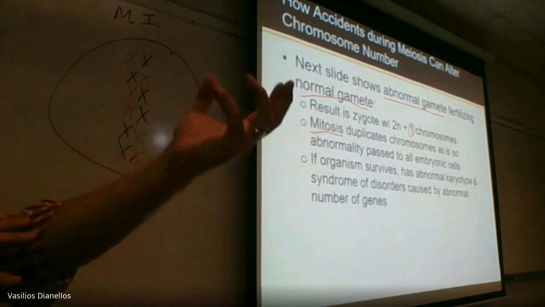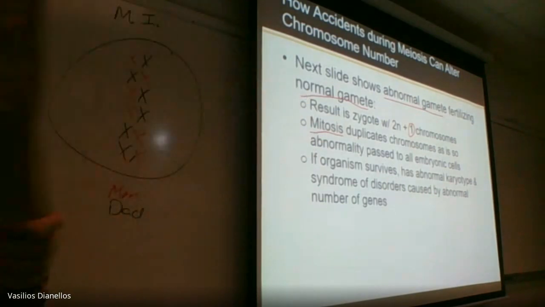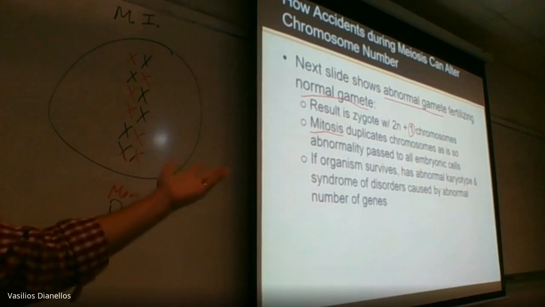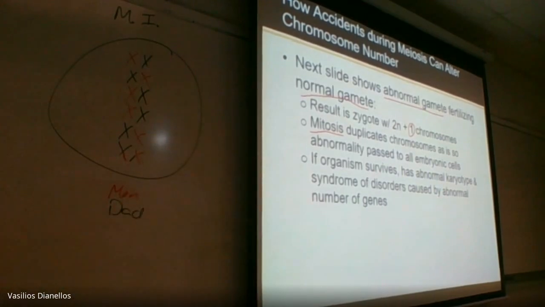Now there was a mistake in mitosis and you have extra chromosomes or not enough chromosomes and they keep duplicating. Well, generally speaking, unless it spreads, the mistake is only in that one spot that was exposed. But here, because the mistake happened before you even were created, that is just you for the rest of your life. If the organism survives, and that's a big if, it has an abnormal karyotype.